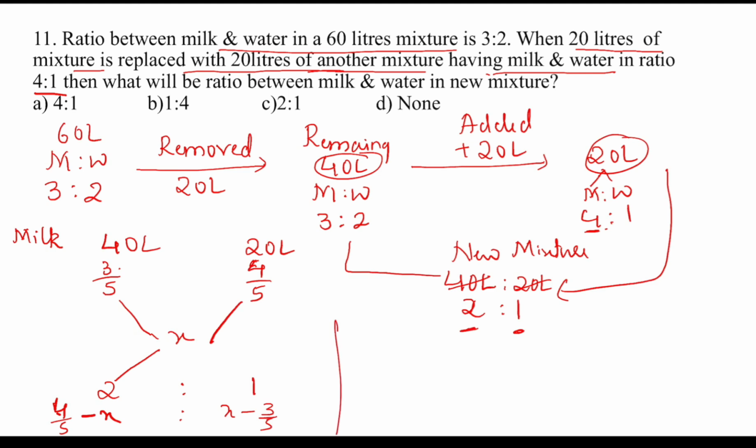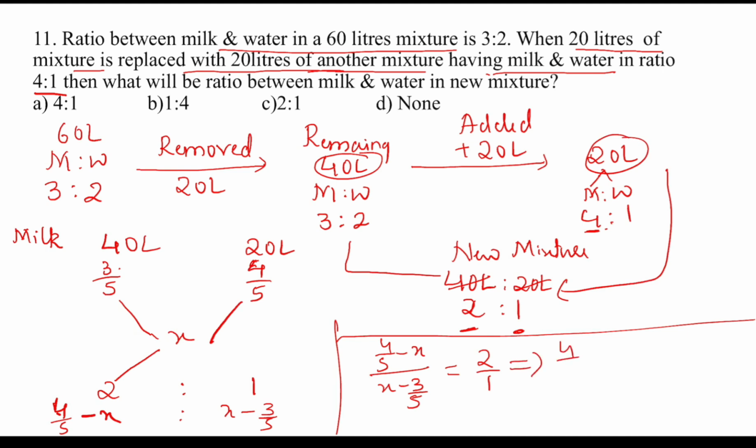So I can equate it. (4/5 - x) divided by (x - 3/5) is equal to 2/1. Cross multiply, we get 4/5 - x = 2x - 6/5. So when you solve this, how much do we get?